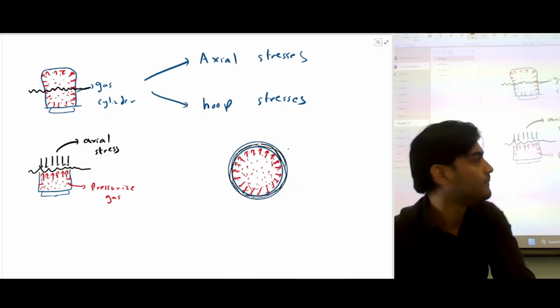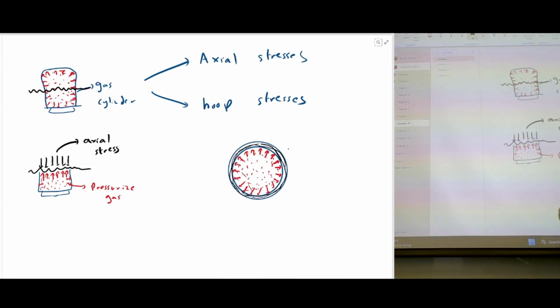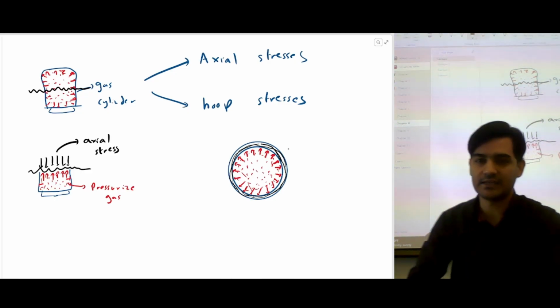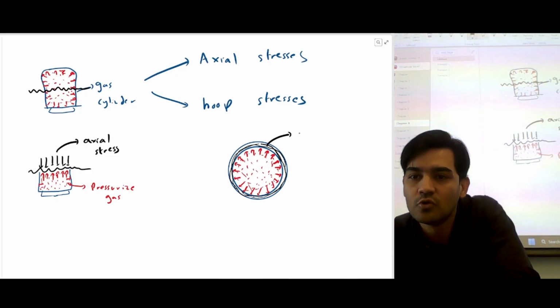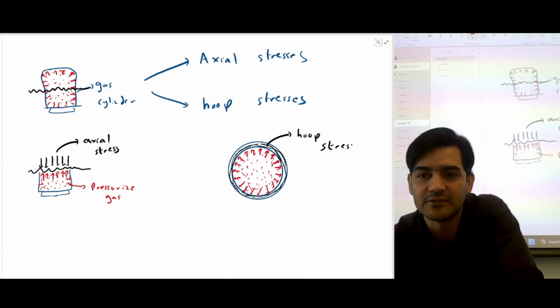Because of these external loads, this is going to try to push everything outside. Because of this push, you're gonna have additional stresses inside, which are called hoop stresses. And this is only special for the pressure vessels.